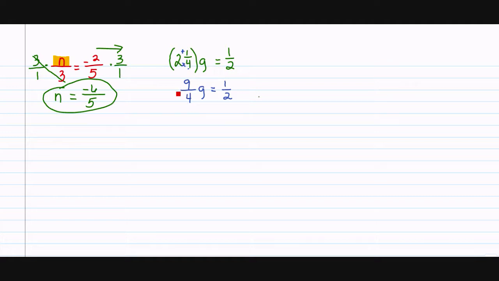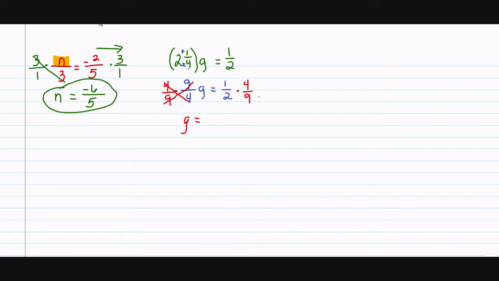The reciprocal of 9/4 is 4/9. The whole purpose is that you can cancel those out, which gives you 1g. But what I do to one side, I have to do to the other side. Okay?